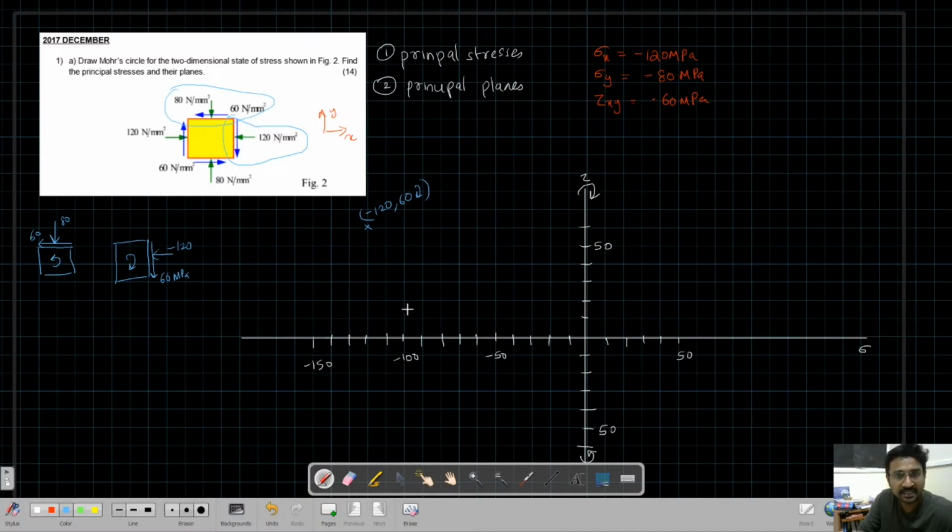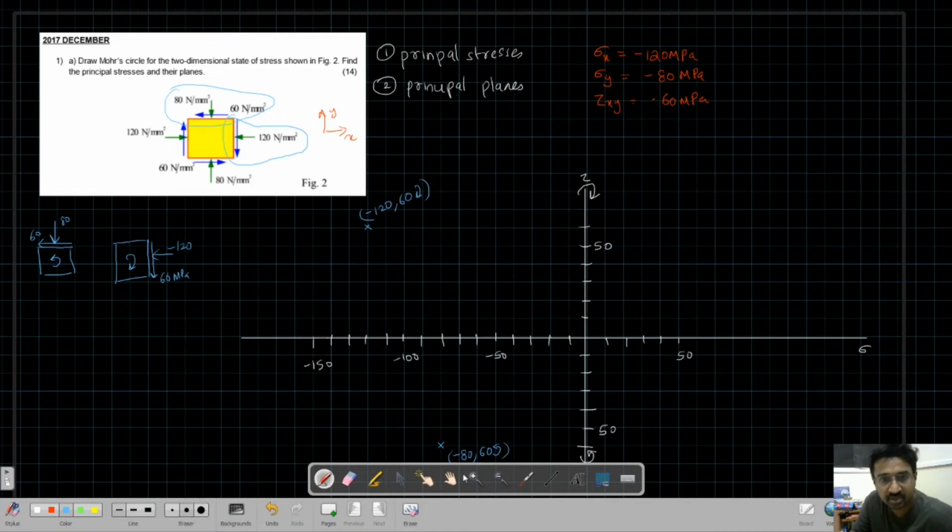It is minus 80, so 50, 60, 70, 80, and 60. So this is nothing but minus 80, comma 60 in the counterclockwise direction. So I have 2 points here.